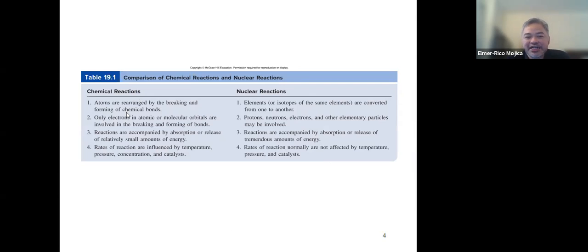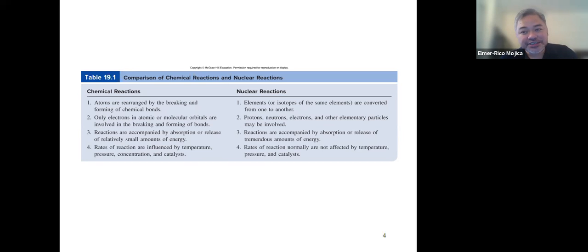In the chemical reaction, exclusively electrons are involved. But in the nuclear reaction, all subatomic particles can be involved. And then the chemical reaction, the amount of energy that you have is really low compared to the nuclear reaction, where the amount of energy is really tremendously big.